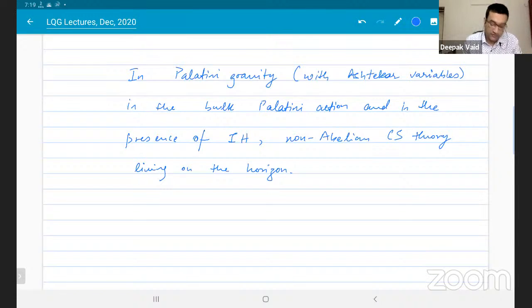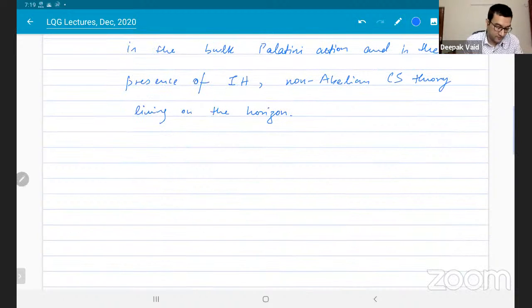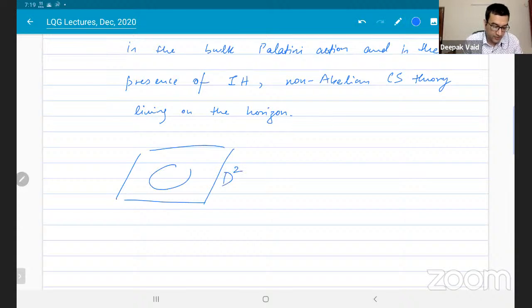Okay, so you have a non-abelian Chern-Simons theory living on the horizon, right? And this is also what happens, for instance, if you consider some gauge theory living on a disk, so on some two-dimensional surface, and you consider a hole on this two-dimensional surface, right? And you have, let's say, Chern-Simons defined in the two-dimensional bulk.